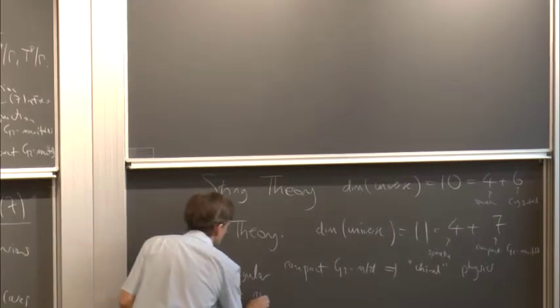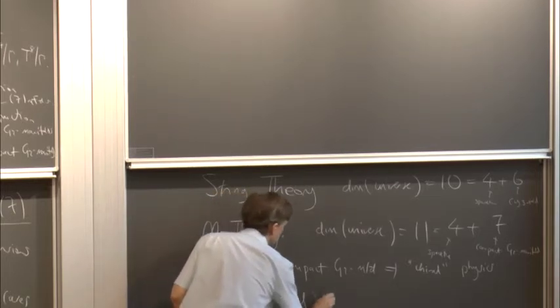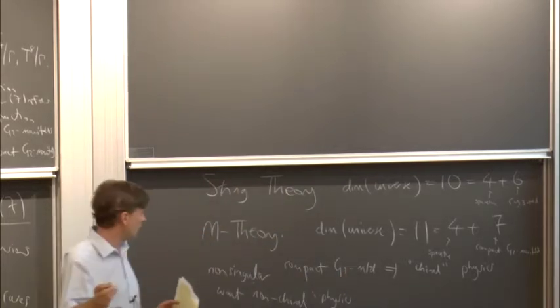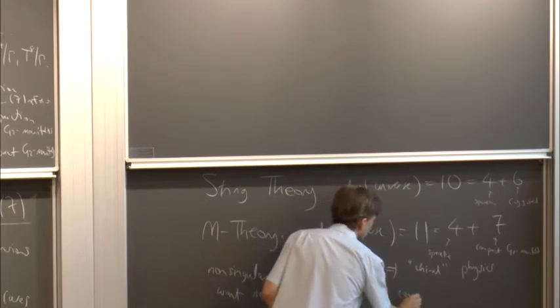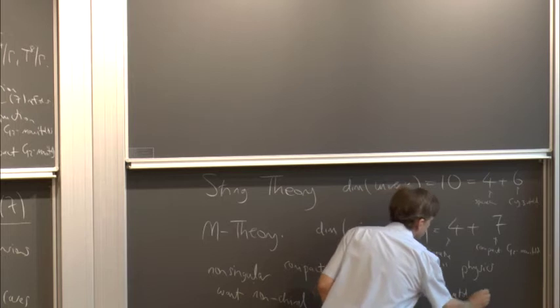So we want non-chiral physics, and therefore you want some compact G2 manifold with singularities.